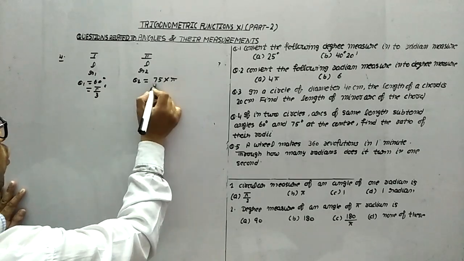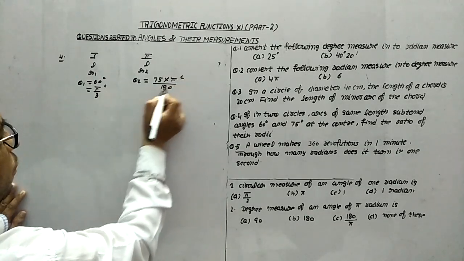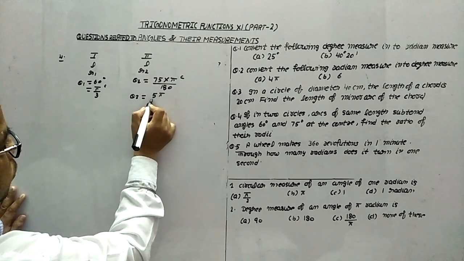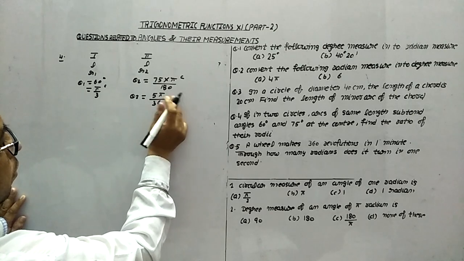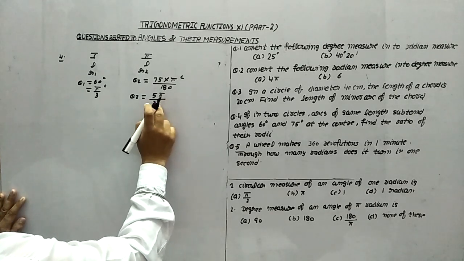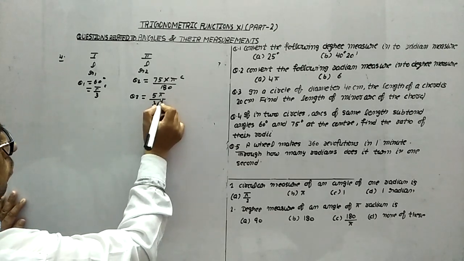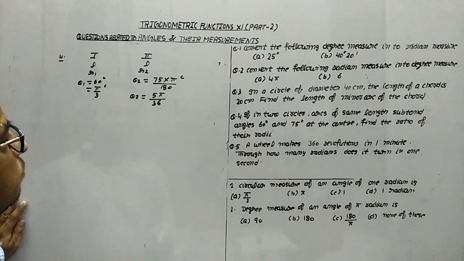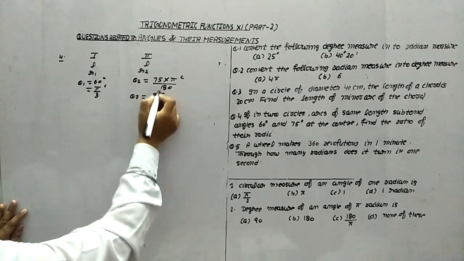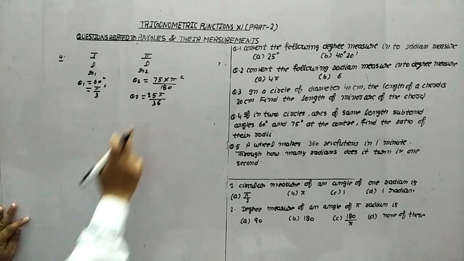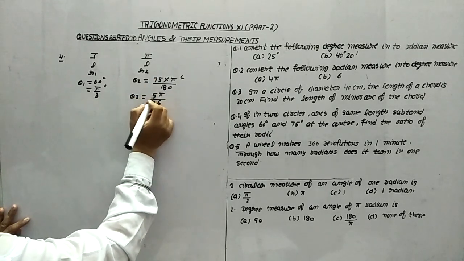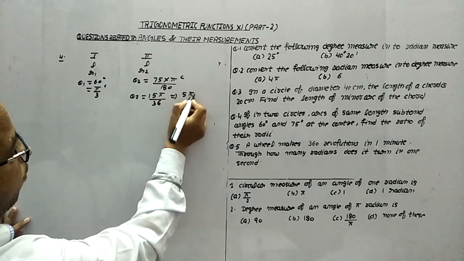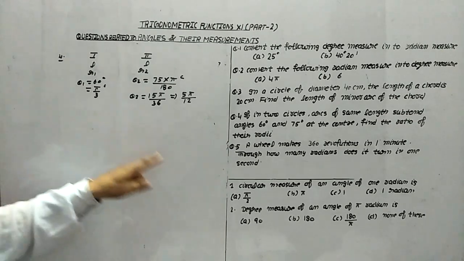It means this is pi upon 180, and this is radian. It means theta 2 is equal to 75 pi upon 180. Once you divide this, you can write down this is 5 pi upon 12. This is theta 2.